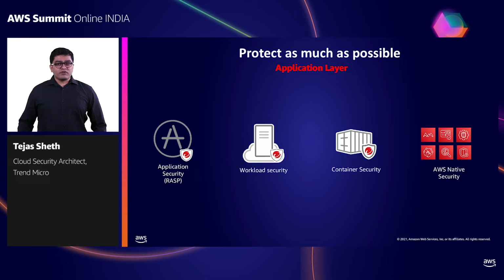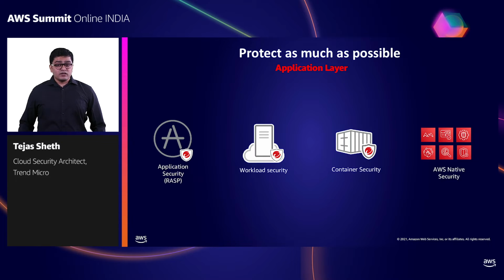We can protect the east-west and north-south traffic at the container level. And at the cloud level, you can utilize AWS GuardDuty, AWS Shield, AWS WAF, Macie, and AWS Cognito for application level authentication. But still, we don't say we are secure, because security is not just tools, but also adoption of a culture.